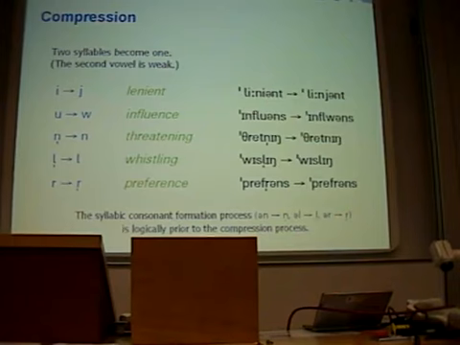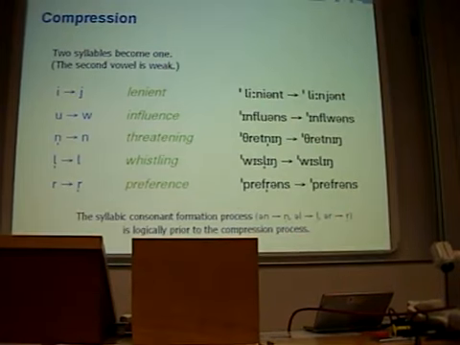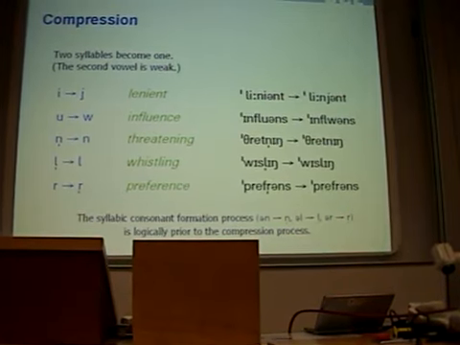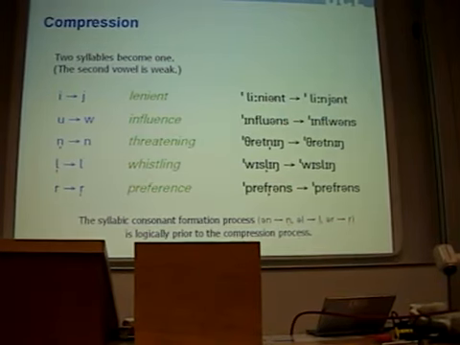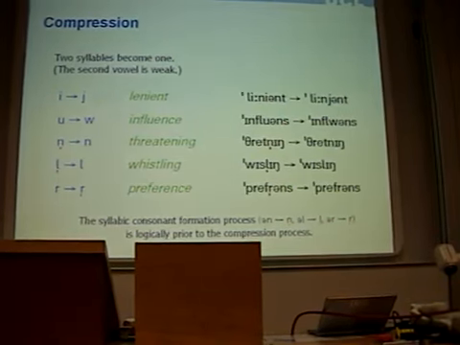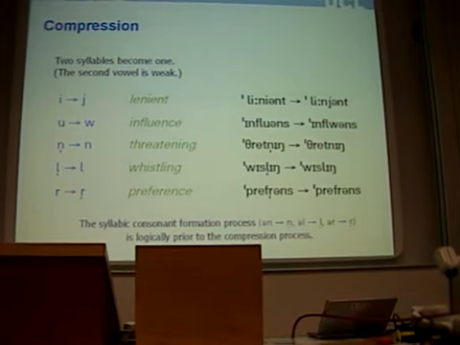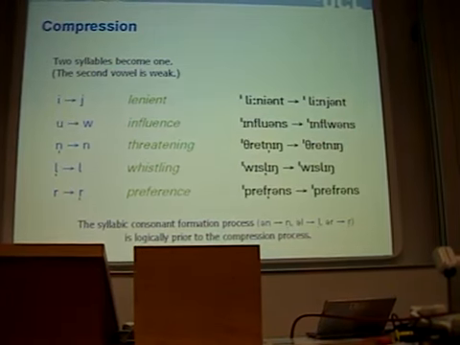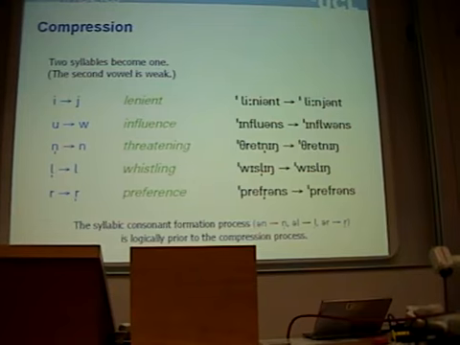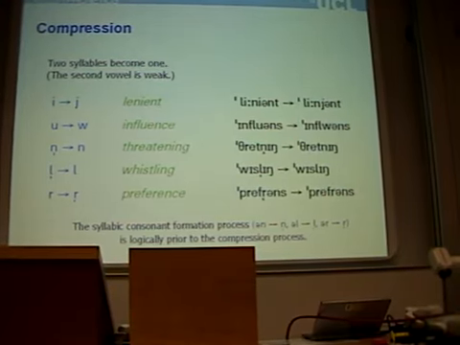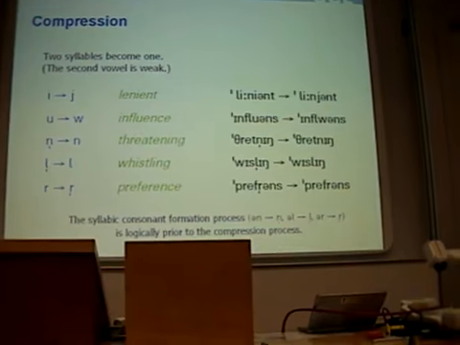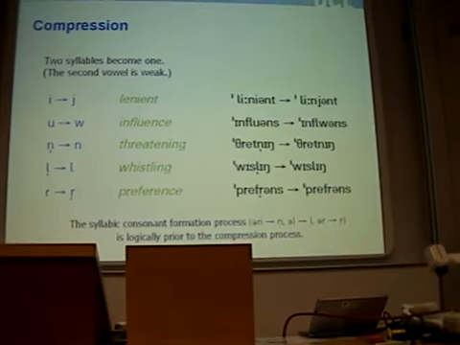We have quite a large number of words in English where it's difficult to be certain of the number of syllables. Words like lenient. And the problem is, does lenient consist of 3 syllables, or does it consist of 2 syllables? And I think the answer to this question is that you can say it either way.